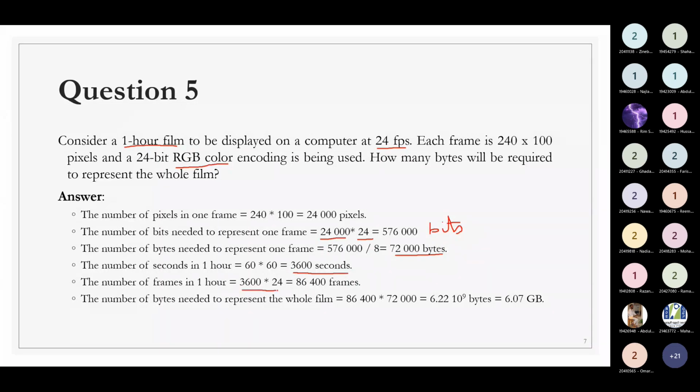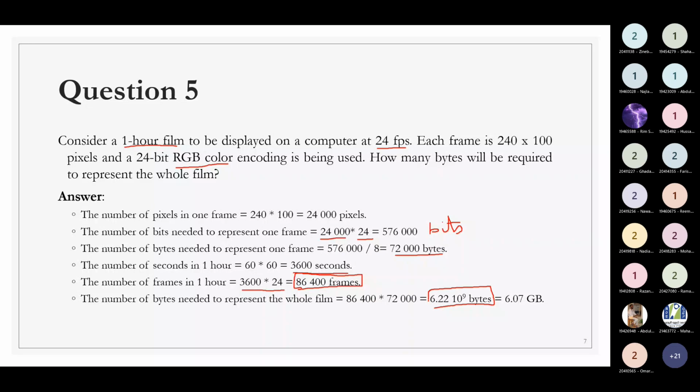So we will have this number of frames, and each frame has this size. So the whole film will be this size in bytes: the number of frames multiplied by the size in bytes needed to represent one frame.